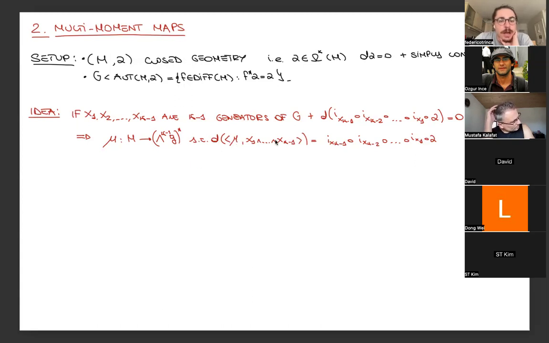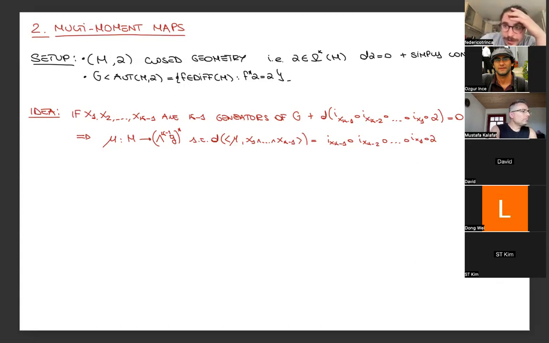So I need to pair my function with k minus one generators of 𝔤, and picking this contraction here, I get a real valued function, and so I can take the derivative, and this needs to be equal to my term above. So this is the idea.